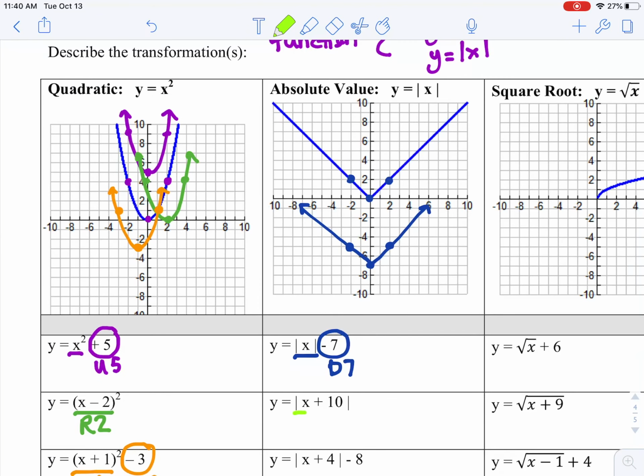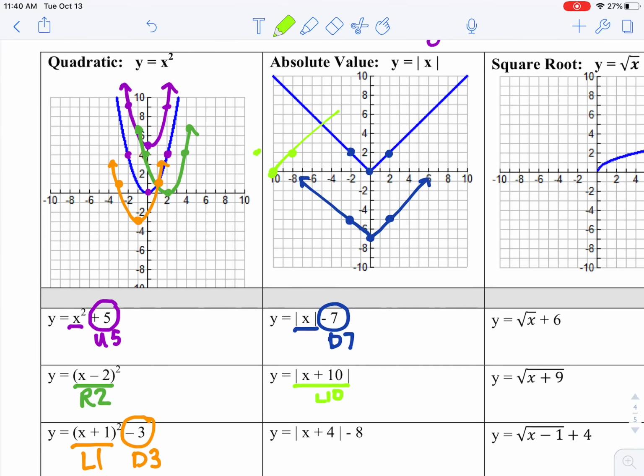Next example, I have x plus 10, which counts as my parentheses, and this means I'm going to go to the left 10. So I can move each of those points to the left 10. Takes me slightly off my graph, but we just improvise and make up for that to graph my points.